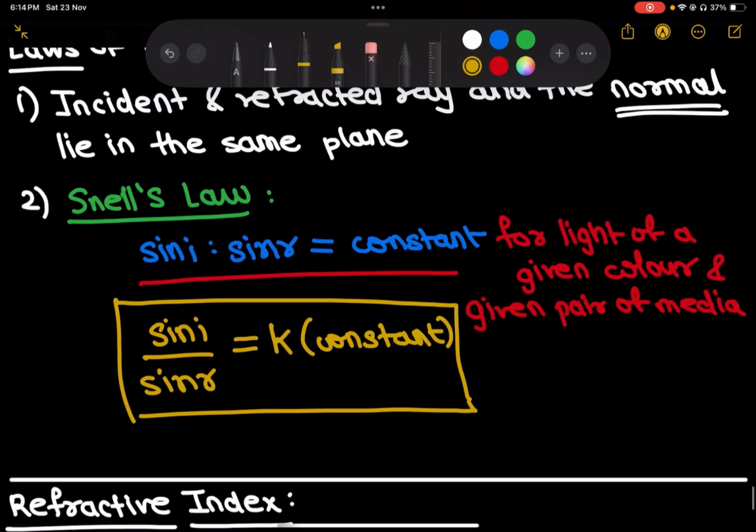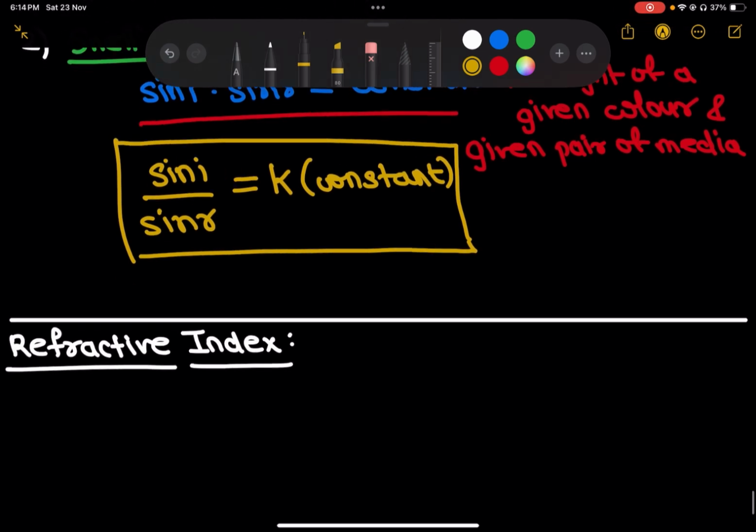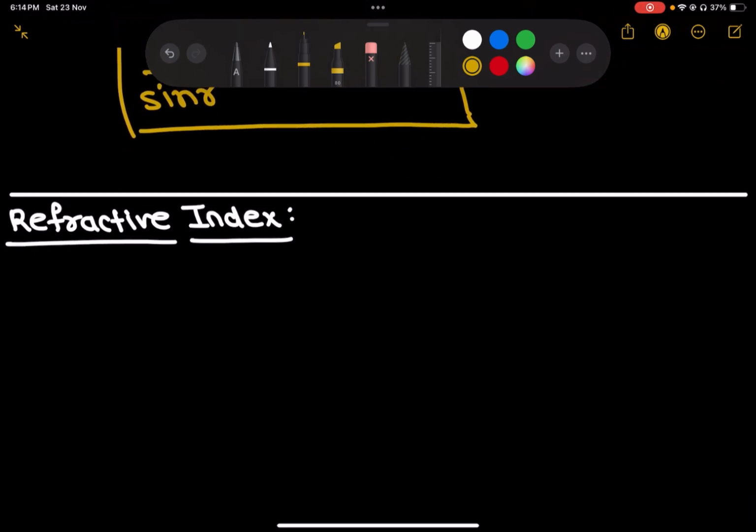So now let us move on to something related to this, which is the refractive index. So what exactly is the refractive index? Basically, the refractive index is how much the light ray changes its direction when it strikes the interface.